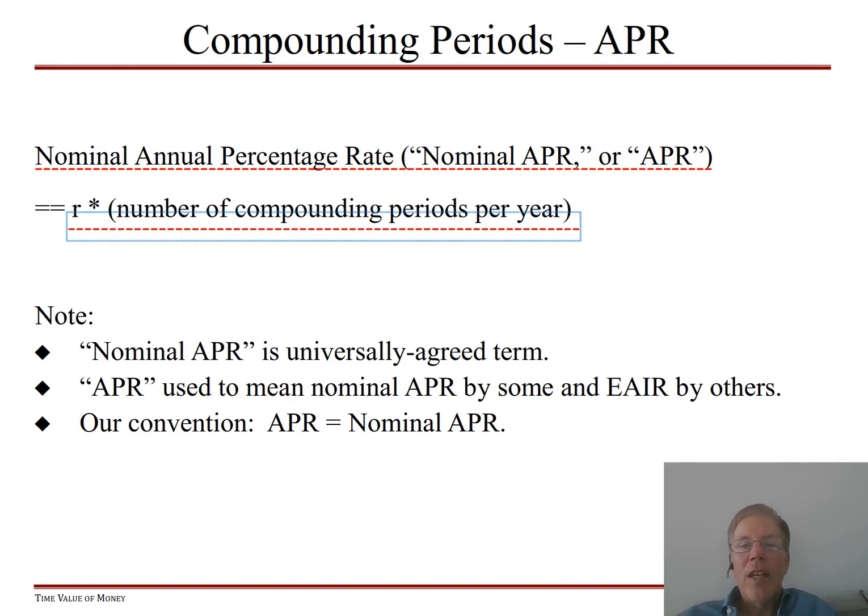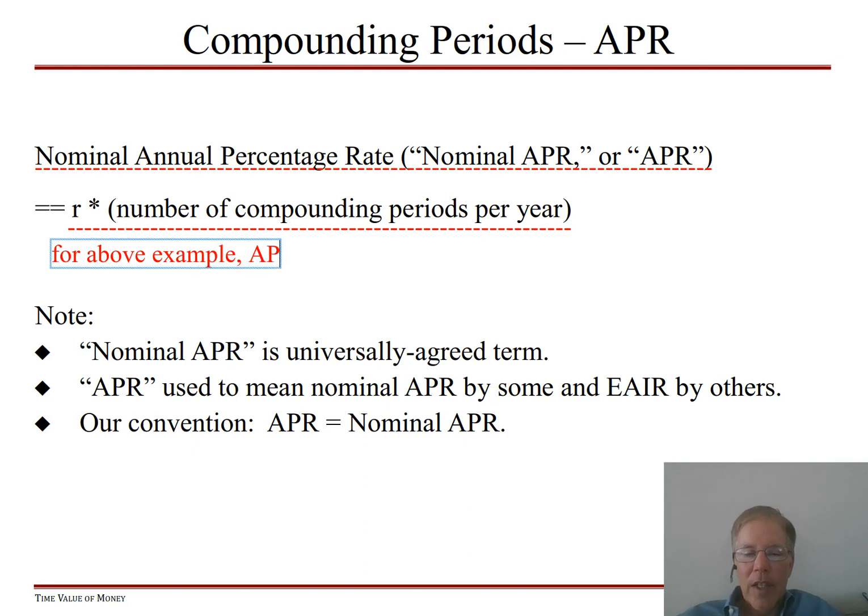Okay, so our native R would be 10% compounded quarterly times 4 compounding periods a year. So for the above example, the APR is equal to 10% times 4 equals 40%.